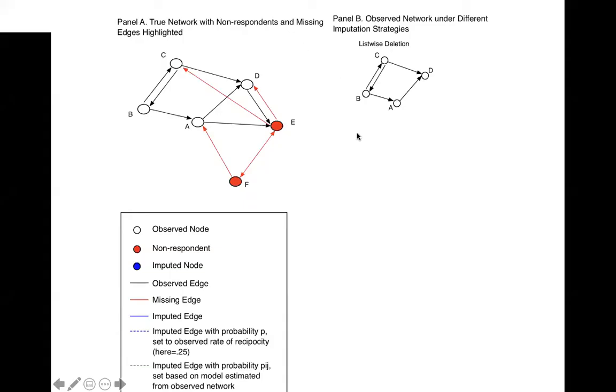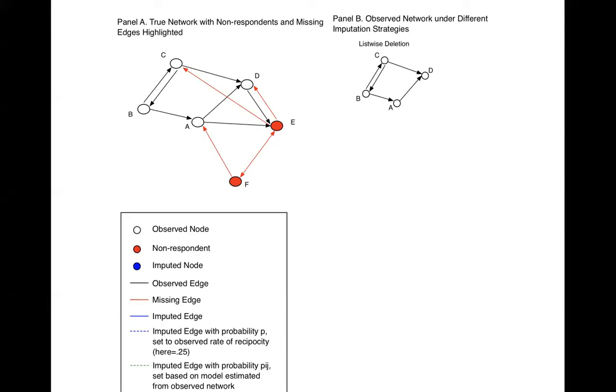let me start with the easiest version, listwise deletion. On the left-hand side here, you see again the same picture you saw before, with the true network, with non-respondents and missing edges highlighted in red. Okay, so you're a researcher, and that's the network you're dealing with. You only get the information from A through D. What do you do?